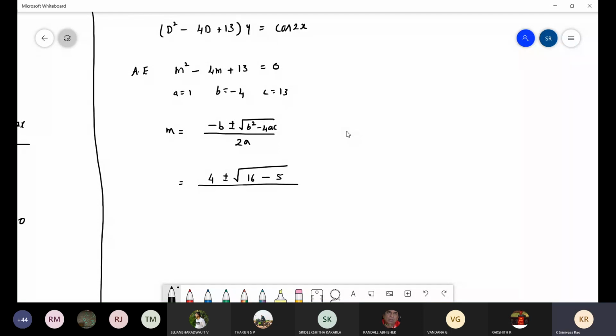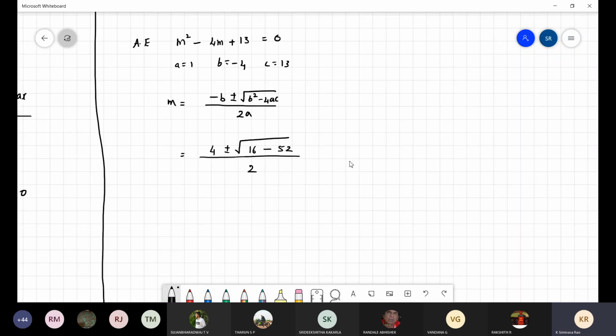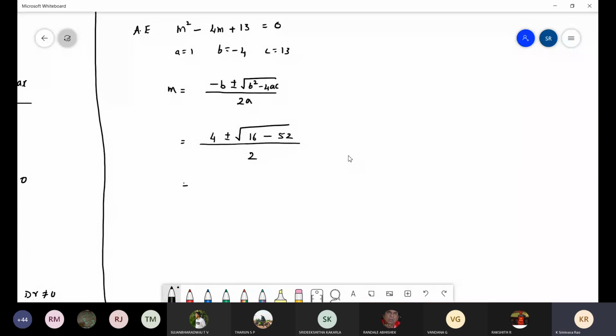Yes, sir. 52, divided by 2a, which is 2. Simplify this. See, these type of roots, it is not possible to find in the calculator. I don't know if it is an updated calculator, maybe, but some updated and new version calculators are not allowed for the exams. So that also you should think.